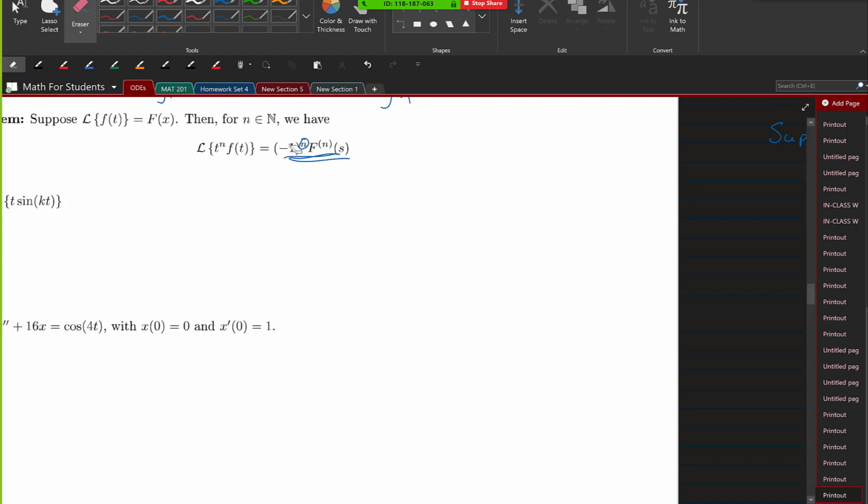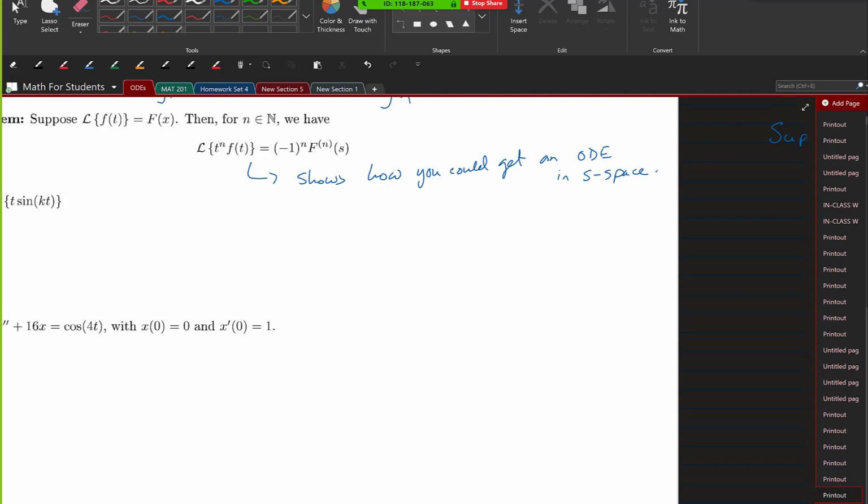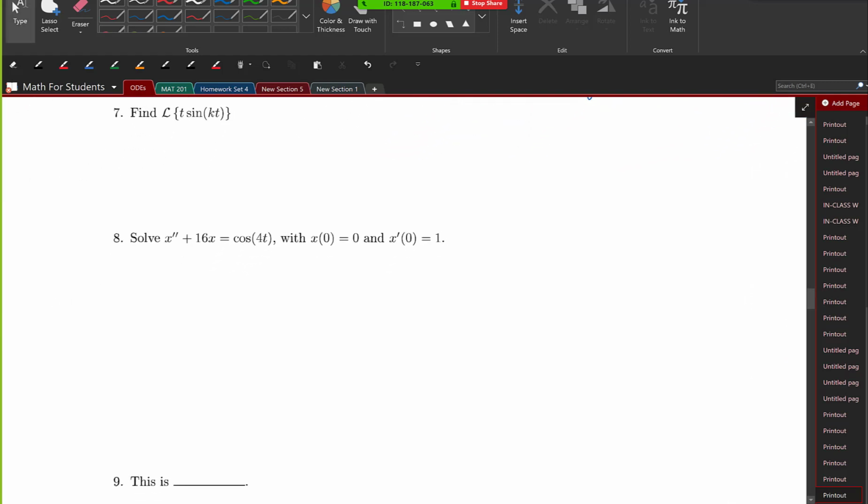By the way, this shows how you could end up with an ODE in S space, because by doing this procedure, you could introduce derivatives into S space. And we'll look at an example of that maybe on the last day.